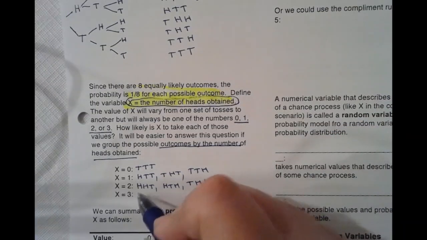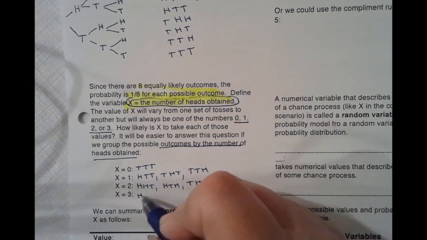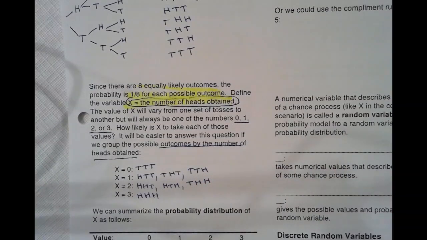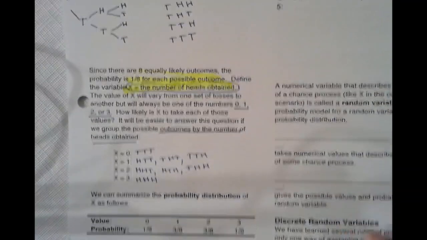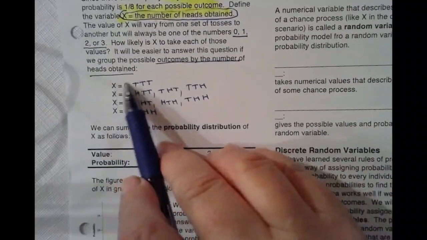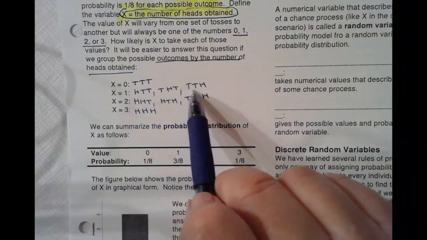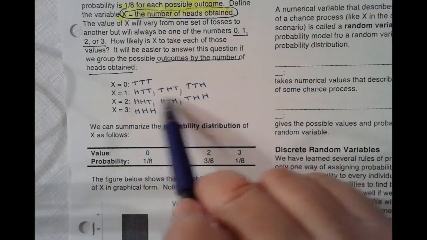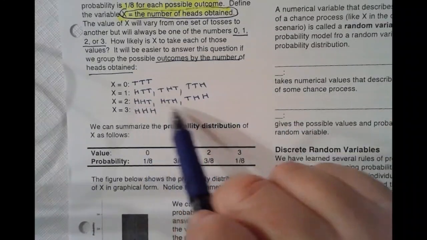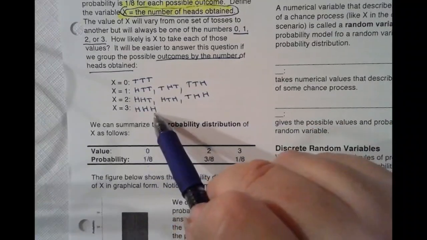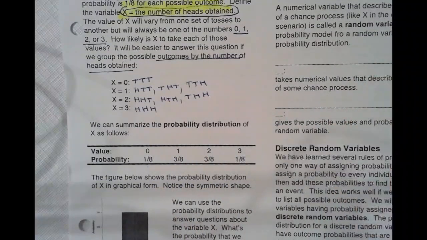And then, of course, to get 3 heads, I only have 1: heads, heads, heads. So the probability of tossing 0 heads is 1/8. Tossing 1 head, you get 3/8. 2 is 3/8, and getting 3 heads is 1/8. So that's my probability for each event.